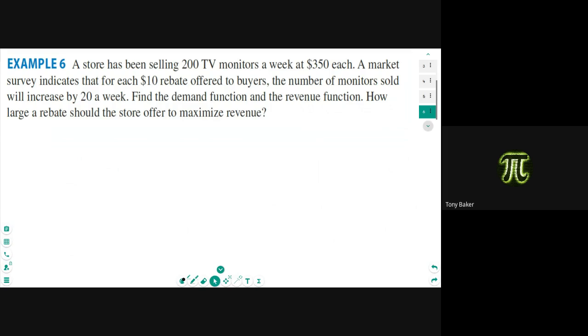So the two things you need to figure out, I'll give you. You need to figure out the price, and you need to figure out the revenue.